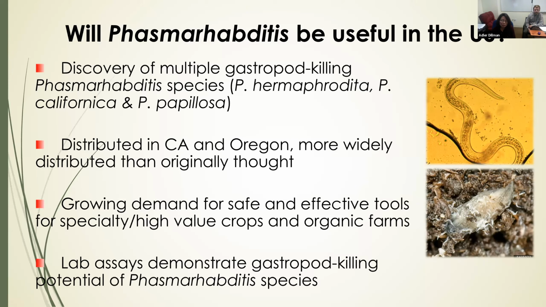Thirdly, there is a growing demand for safe and effective tools, and we have seen that in our prior surveys just a while ago, especially for high-value crops and in organic farming. And fourth is that we have demonstrated through lab assays that this nematode has gastropod-killing potential.